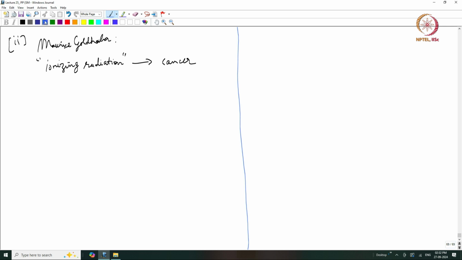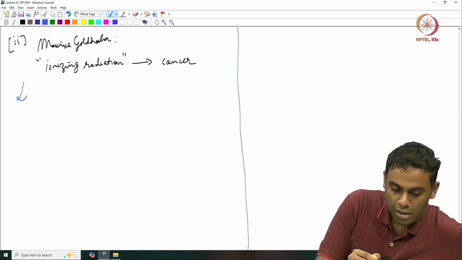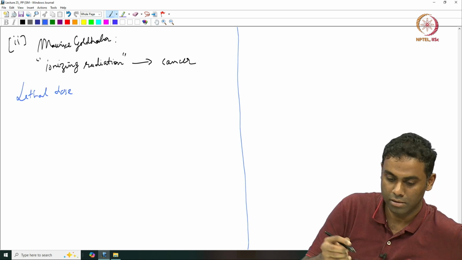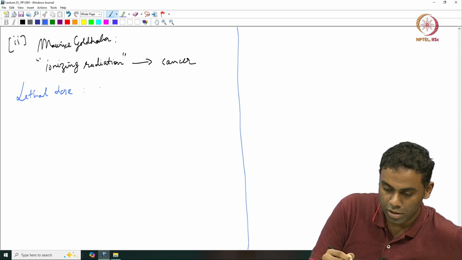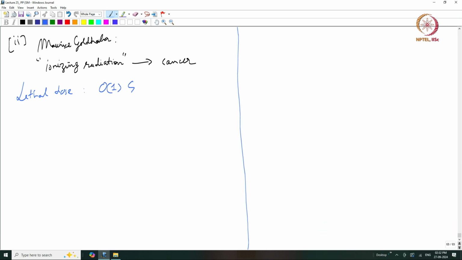It turns out the lethal dose of radiation is about order 1 sievert. Does anyone remember or know what the sievert unit is? Sievert is nothing but 1 joule of radiation dumped into 1 kilogram of tissue.